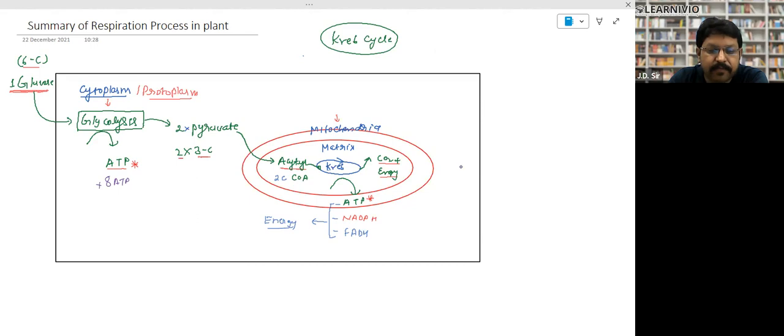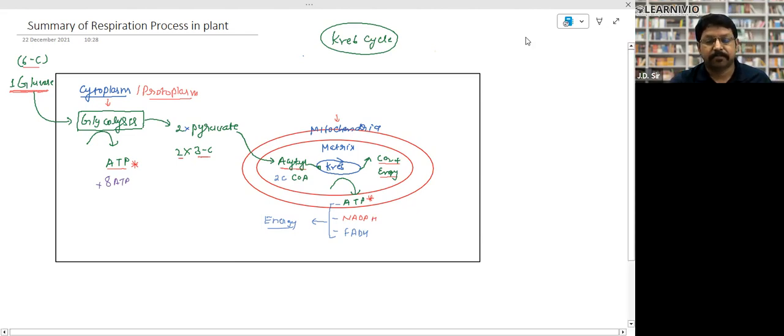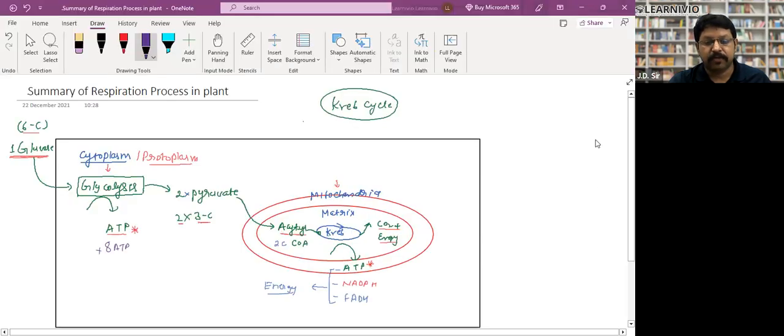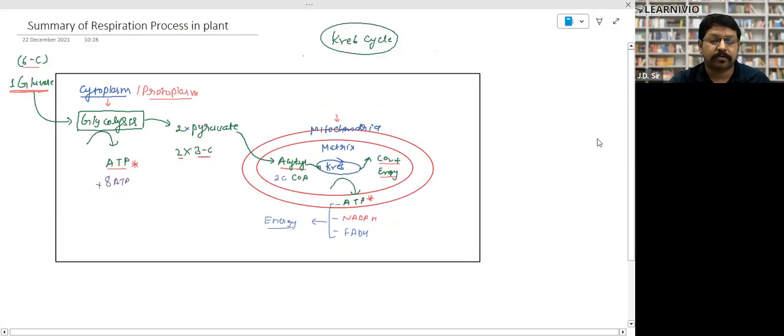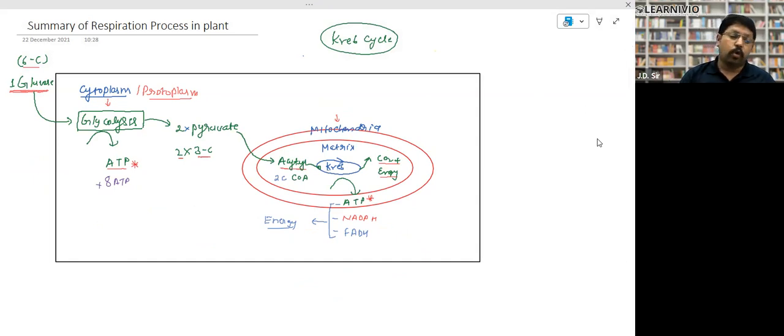Very good. Right. So at least take a screenshot of this one. I ask you to please remember this, and make it in your notebook if you have time. If you don't have time, then it's okay. You can read from the screenshot only. And do all the questions from 2018 onward, the questions from that transport part.